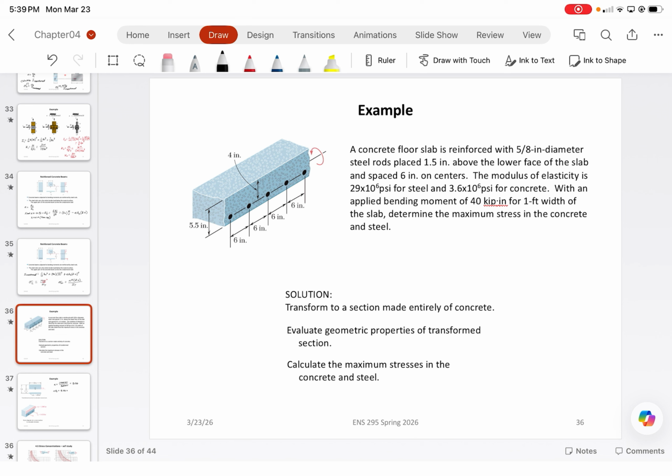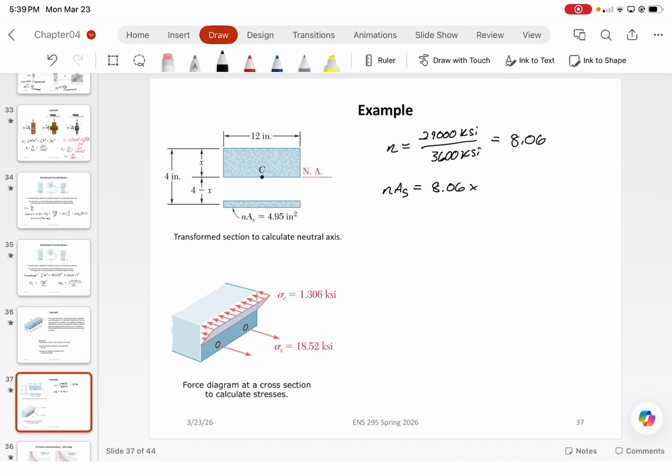How much on average? Roughly 2 bars, right? If they're spaced 6 inches on center, you're going to have roughly about 2 bars in a given 1 foot cross section. So times 2 bars times pi over 4 times 5/8 inches squared, which is going to give you that 4.95 inches squared that you see.